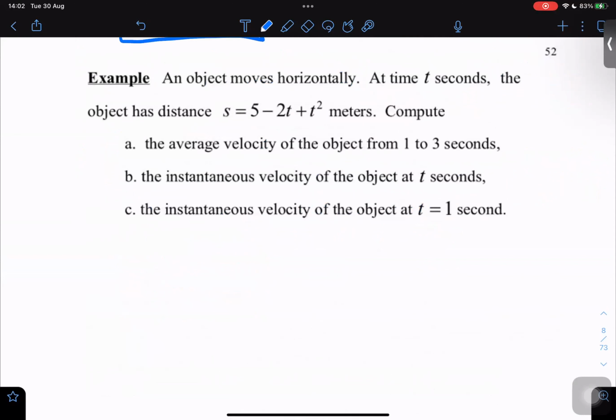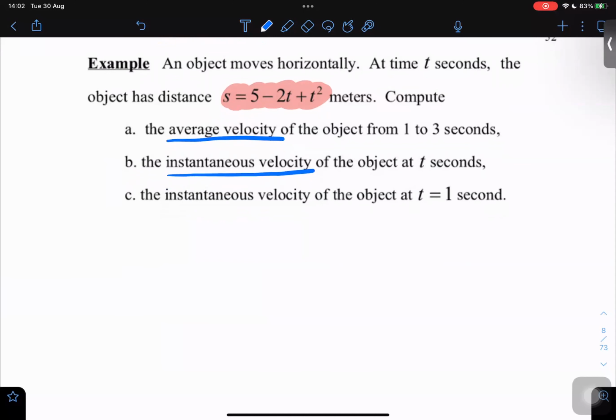Okay, so next, in this example, they have already given you the distance equation here. They want you to compute average velocity and instantaneous velocity. So this is the average rate and instantaneous rate.